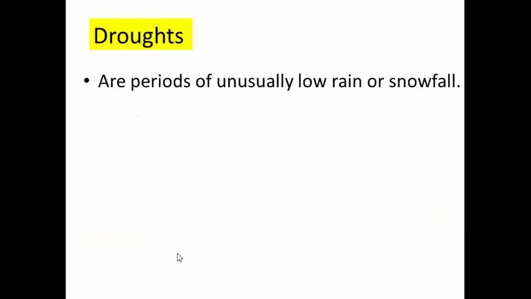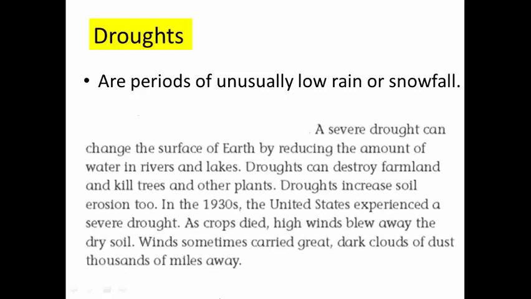And droughts are periods of unusual low rain or snow. It means no water. We mentioned the consequences caused by drought, like killing trees and plants, and also the wind has an important effect. And we mentioned the United States and what happened inside this country.